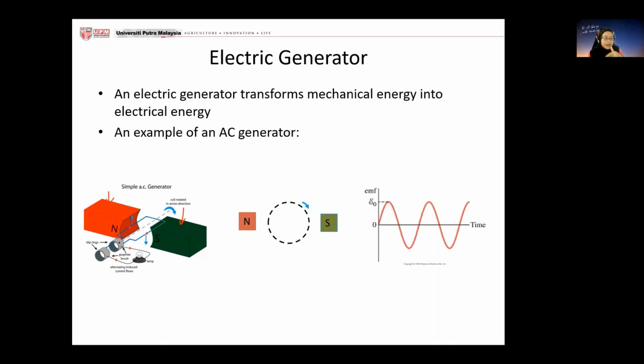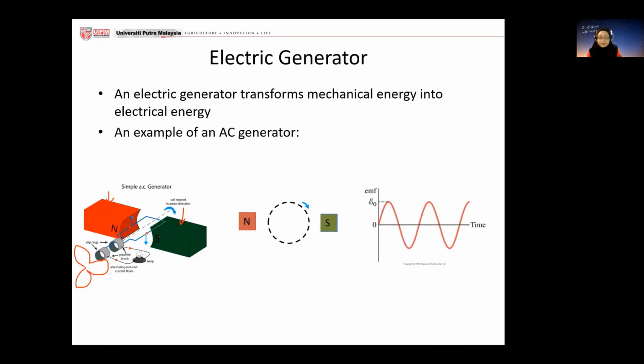So that movement, that mechanical rotating movement, is actually transferred to the generator. So imagine you have something here which actually turns it. If you have your wind turbine, when the wind turbine is rotating, that will rotate your coil here.